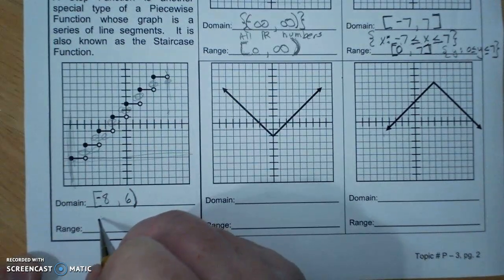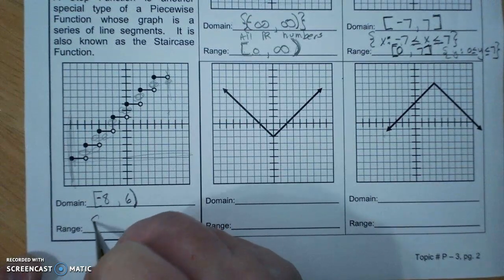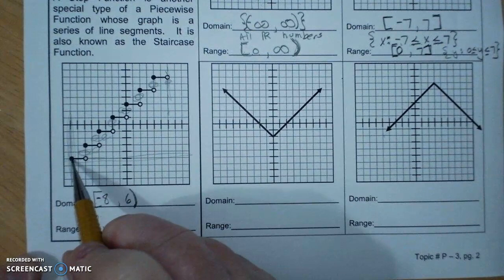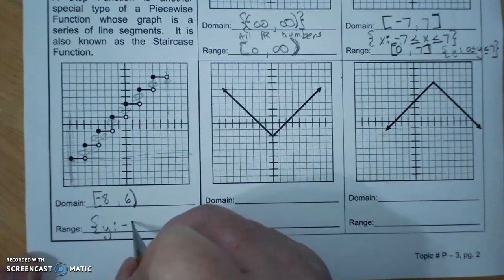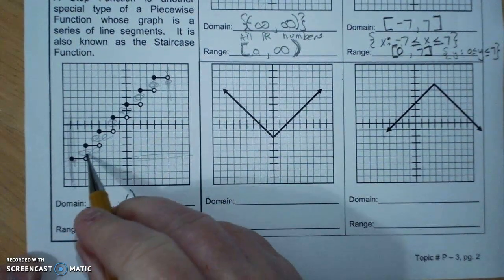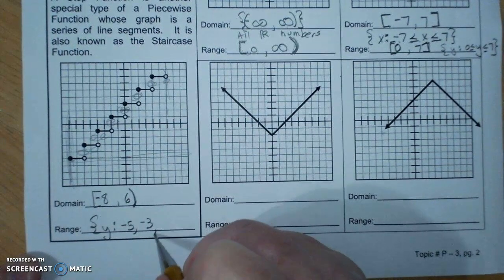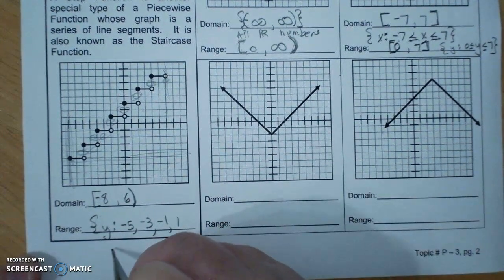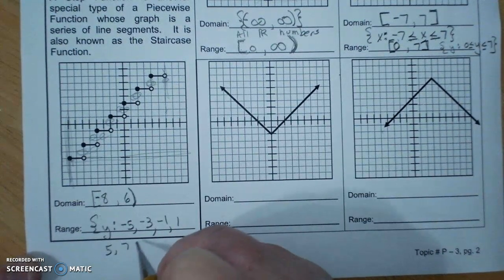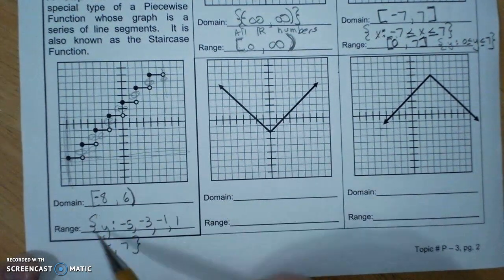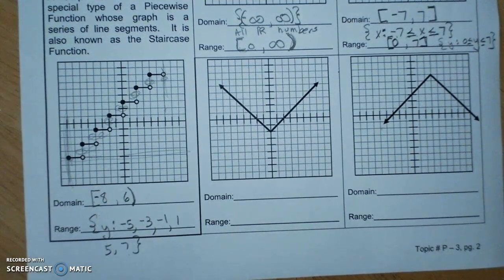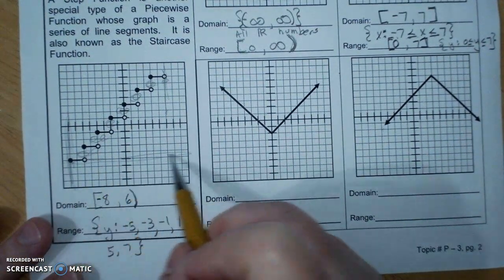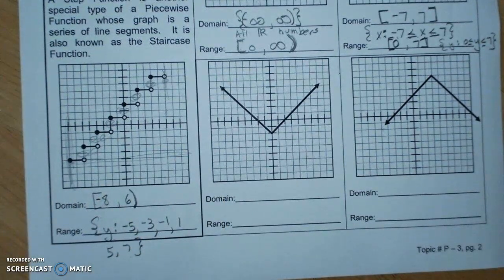So I'm going to have to list them one by one. So this one is at -5, and then we don't have any -4s, but we do have a -3, and we have a -1 and a 1 and a 5 and a 7. And notice this will show me that I have gaps. This is continuous because if I laid these all down, they would be continuous.